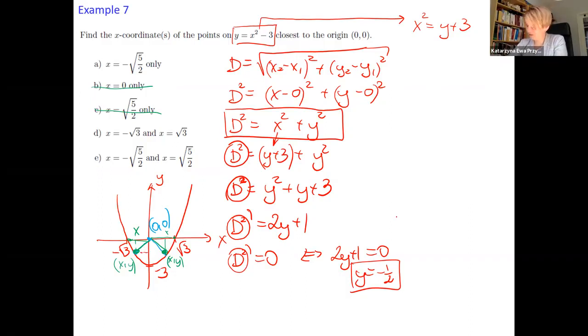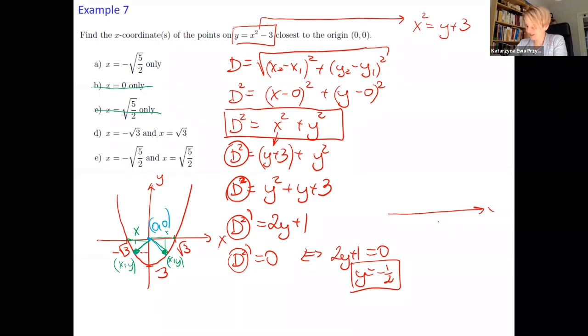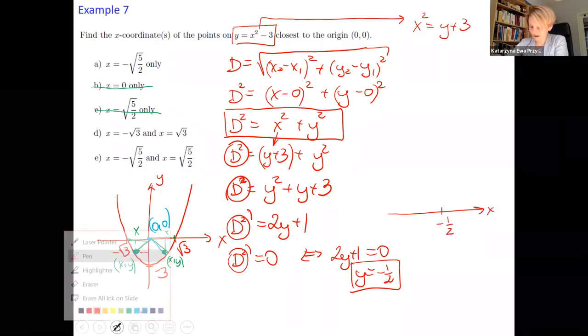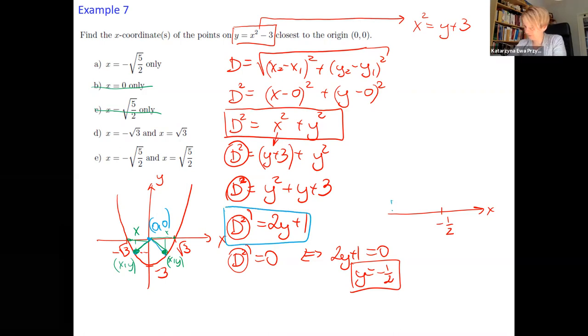But let's double check and test the derivative. This is the derivative of my function d squared. When we substitute, say, negative 1, 2 times negative 1 plus 1 is negative, and when we substitute 0, it's positive 1.